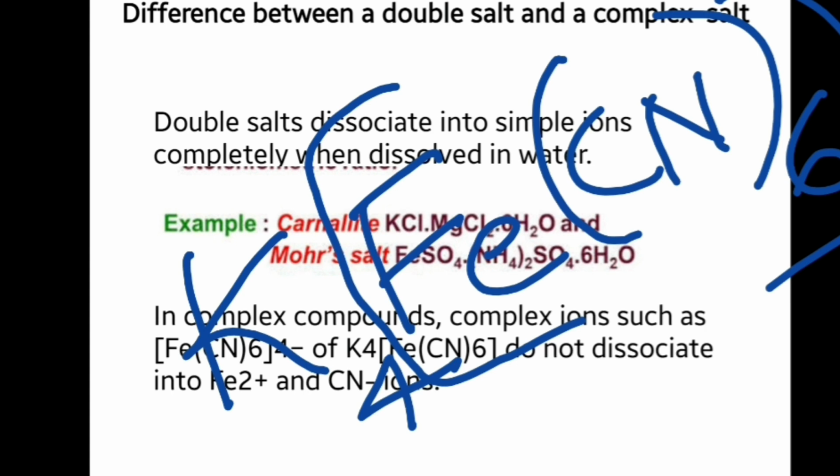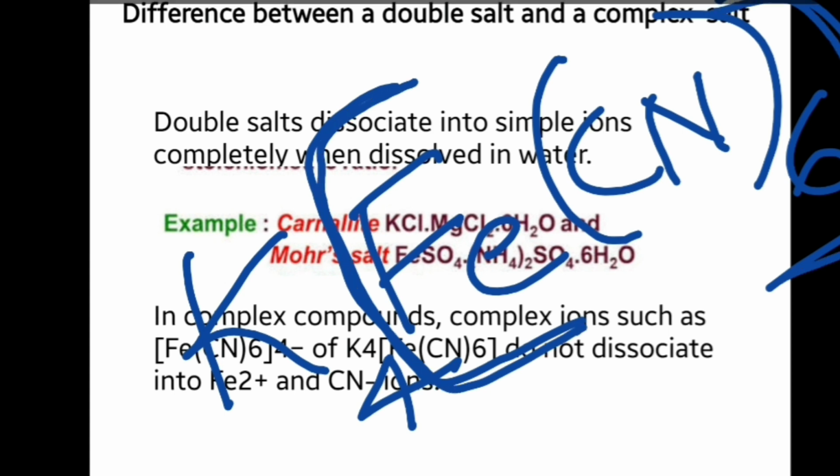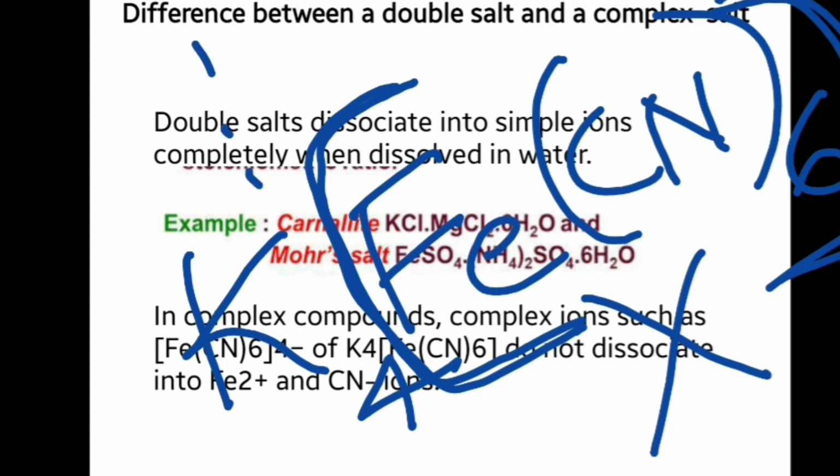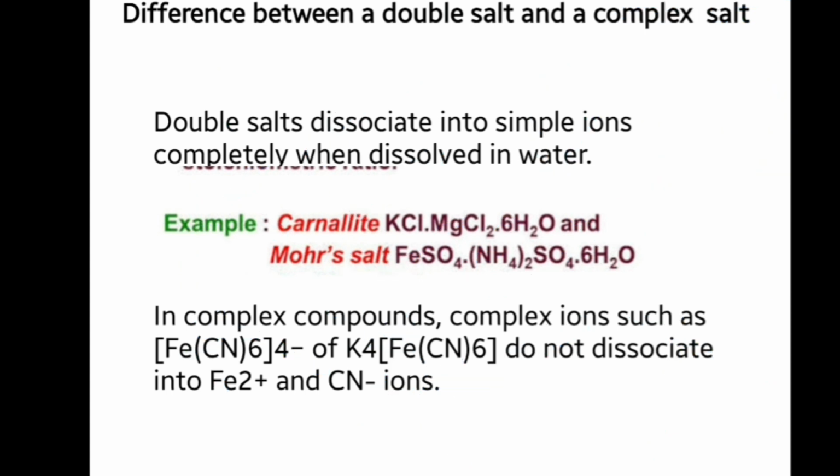In this coordination compound, whatever is inside the square bracket will not dissociate if you dissolve it in water. Only this part will split into K+ and [Fe(CN)6]4-. This will be the positive part and this will be the negative part. Only these two will dissociate, but you won't get any Fe2+ ions or CN- ions.